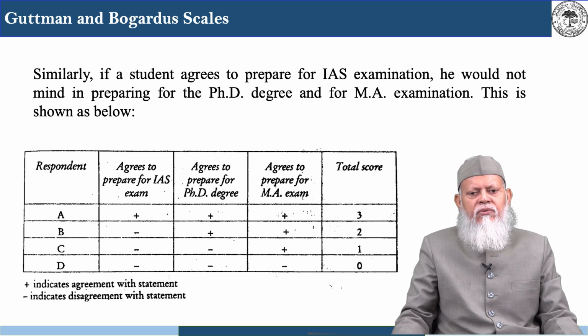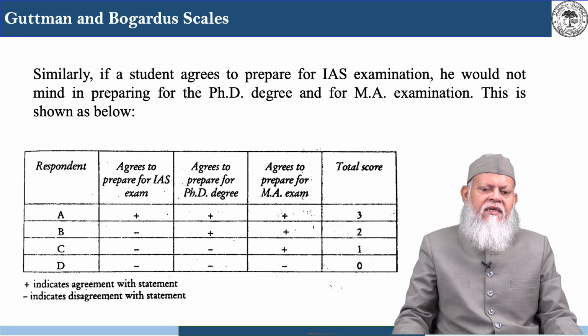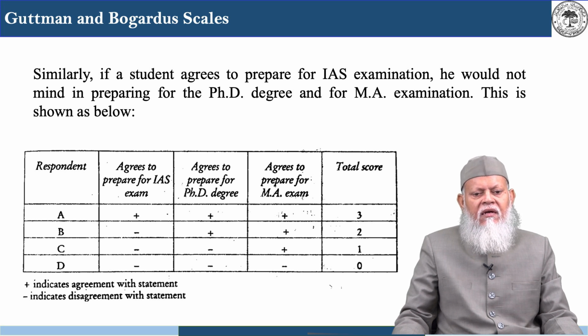Similarly, if a student agrees to prepare for the IS examination, he would not mind preparing for the PhD degree and for the MA examination. This is shown as below. These are respondents A, B, C, D, who agree to prepare for the IS examination, the PhD degree, and the MA examination. The one who agrees to prepare for the IS exam has the positive sign in all the 3.